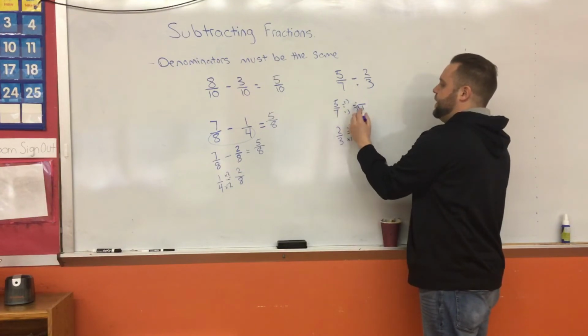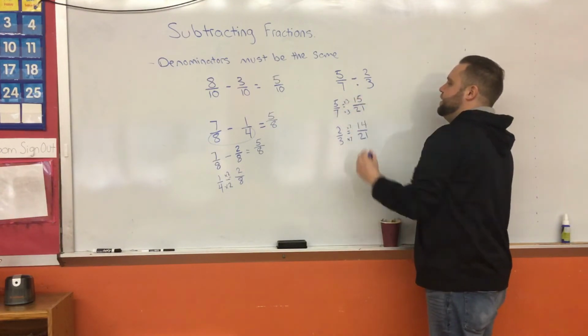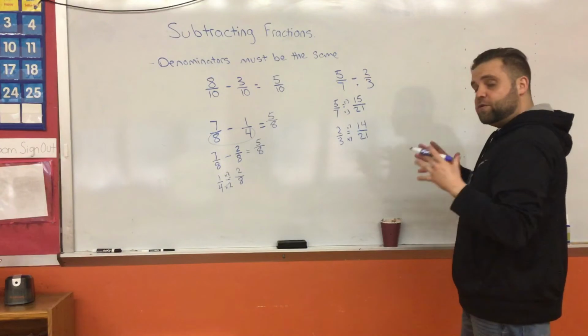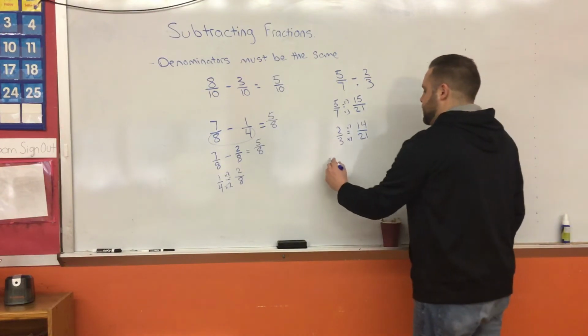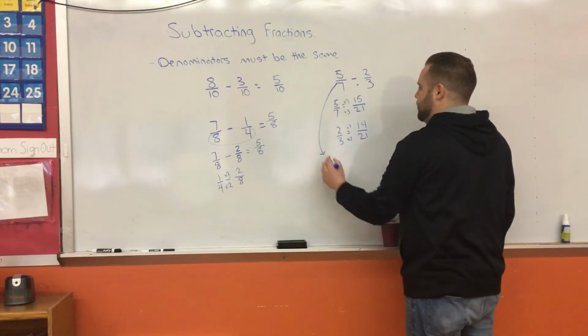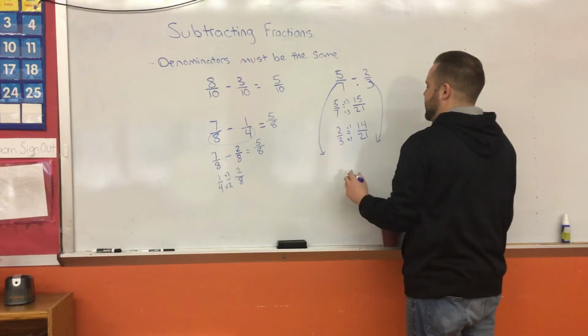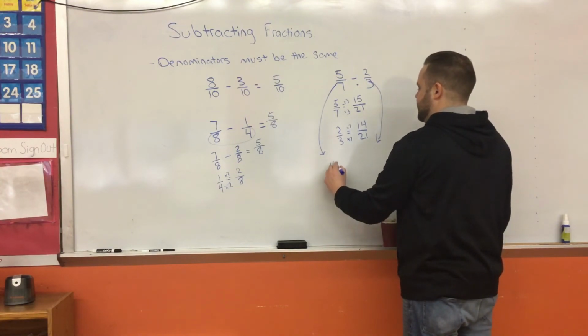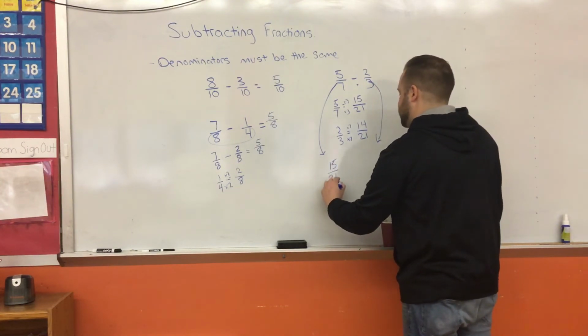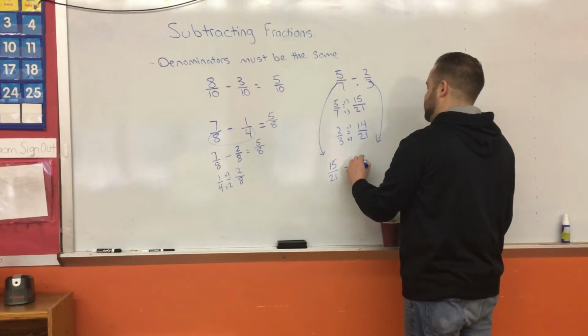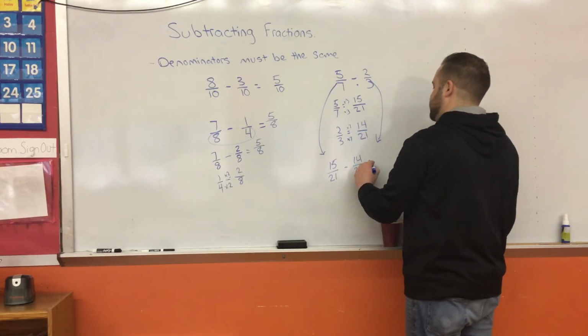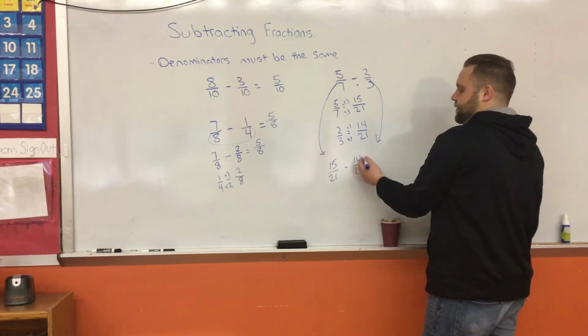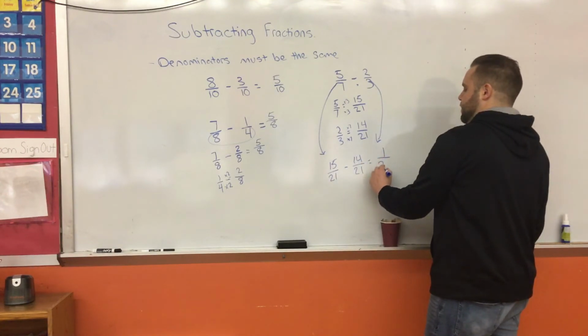So 5 times 3 is 15. These are very close in value fractions. So now our new subtraction problem, I'll write it down here because we have more room: 15 21sts minus 14 21sts equals what? What's 15 minus 14? 1 21st.